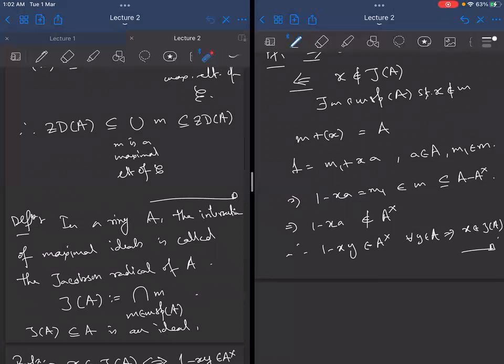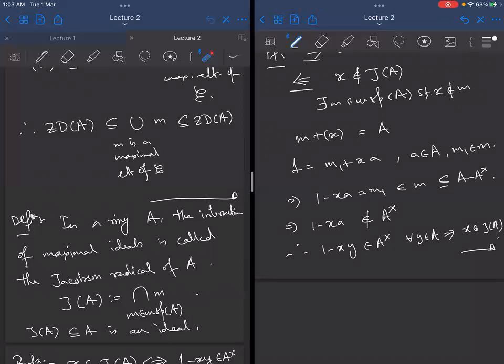Okay, so we have seen two characterizations of the nilradical, namely the intersection of all the prime ideals, and obviously in terms of the nilpotent elements, that was the basic definition. Similarly, we did the characterization for Jacobson radicals. Okay, so having said that, what I am planning to do is the following.